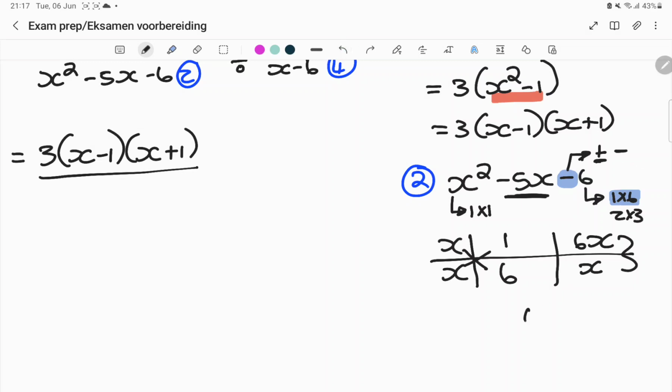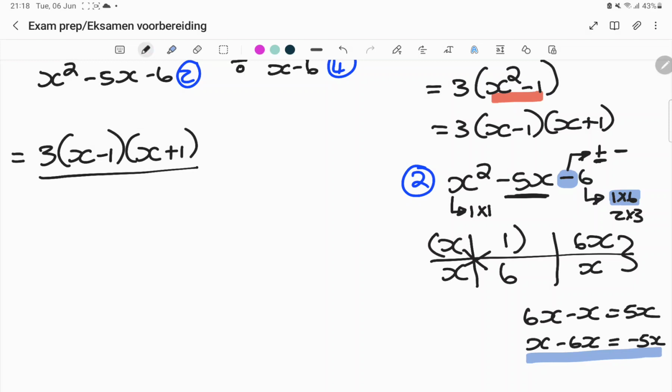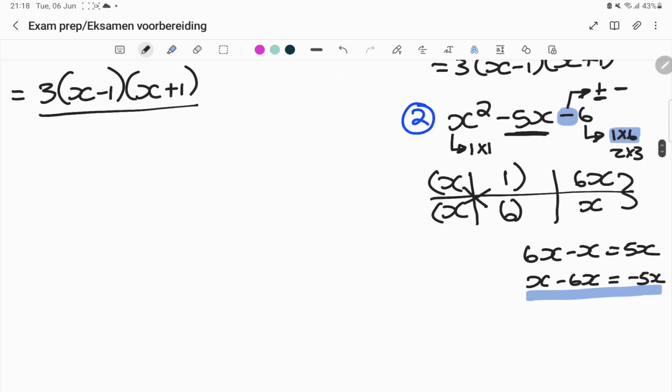So 6x minus x will give me 5x. However, I want it to be negative, so I'm going to switch these two around, and I have x minus 6x, which in fact gives me negative 5x. So this combination here did in fact give me what I wanted, so I know that this and this will be in one bracket, and this will be in a second bracket.